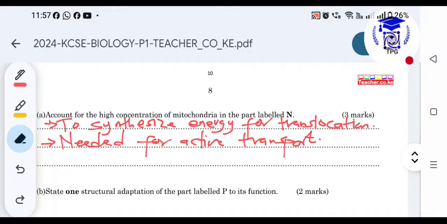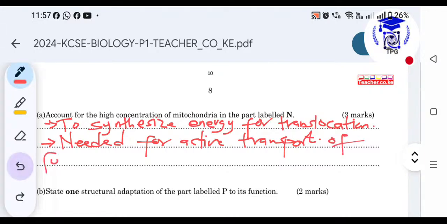It's just a continuation. Active transport of food substances in and out of sieve tubes.